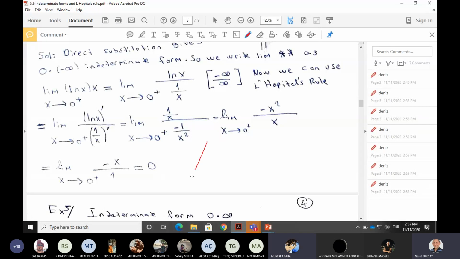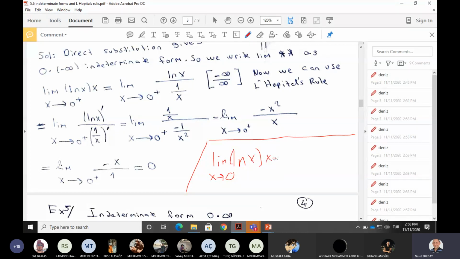Yes. So just a quick note. If you did this with ln x in this form, it would not be that easy. It is still manageable, but I think not a good idea.